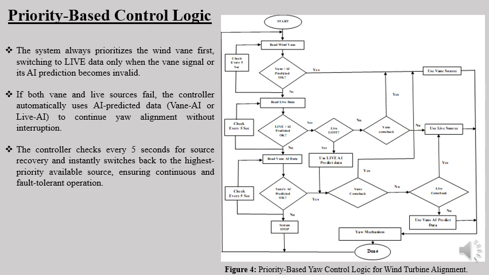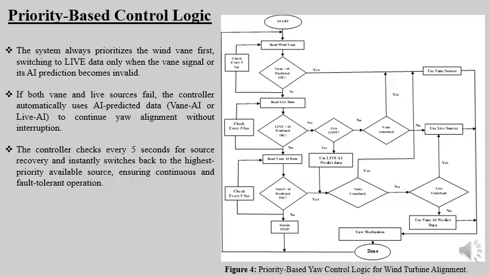Only when the vane signal becomes noisy, unavailable, or invalid does the controller switch to the next source, the live API data. If both vane and live sources fail, the system automatically falls back to AI prediction values, either vane AI or live AI, depending on which dataset was previously active.